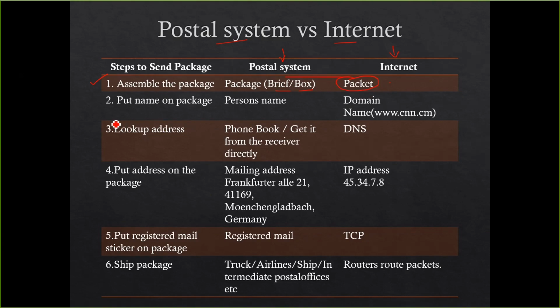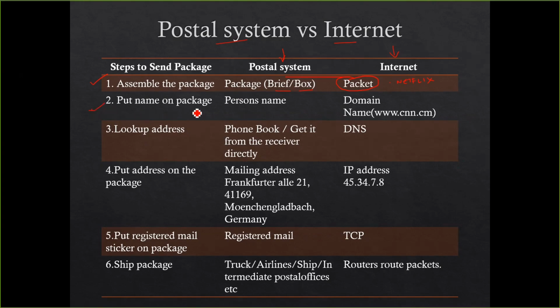And the second thing you need to do, once you know what stuff you have: for example, this packet could be something like you want to watch Netflix. You want to send that to Netflix. That's the comparison to the postal system. And then the next thing you do is put a name on the package.